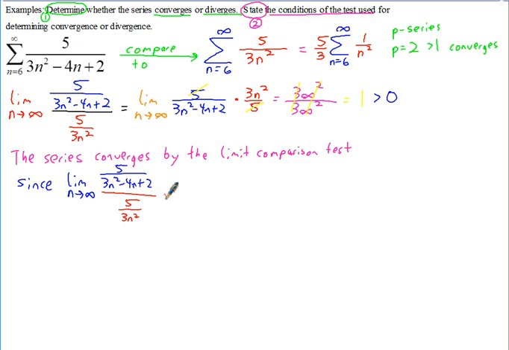Since that limit was between 0 and infinity, so we could say 0 is less than that, which is less than infinity. In other words, it's between 0 and infinity. In this case, we got 1. Okay, and we also use the p-series test. And the reason for that converging was since our p-value, which was equal to 2, was greater than 1.